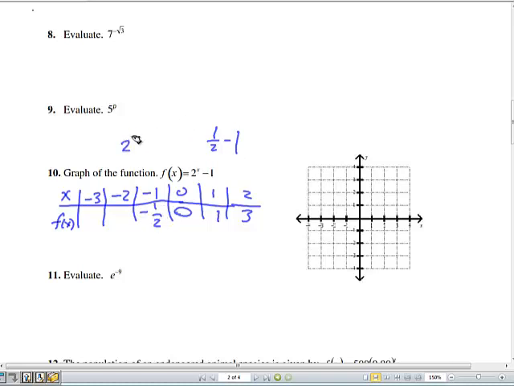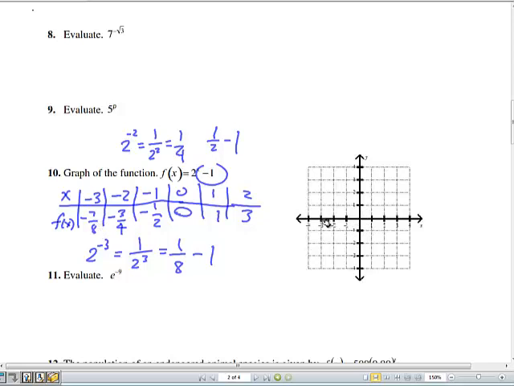Then we have 2 to the negative 2, which means we take the reciprocal, and that's 1/4. Well, 1/4 minus 1 is negative 3/4. And then 2 to the negative 3 is equal to the reciprocal of 2 to the third, which is equal to 1/8. Okay, and then minus the 1 will give you negative 7/8.